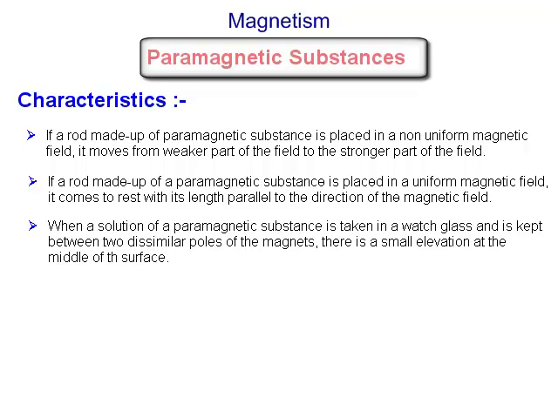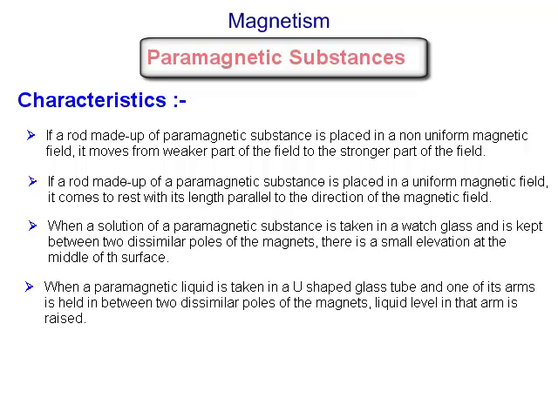When a solution of paramagnetic substance is kept in a watch glass and is kept between two dissimilar poles of magnets, there is a small elevation observed at the center of the surface.